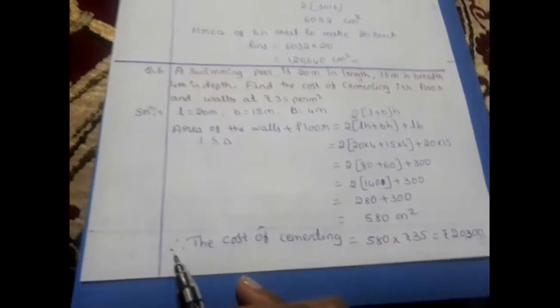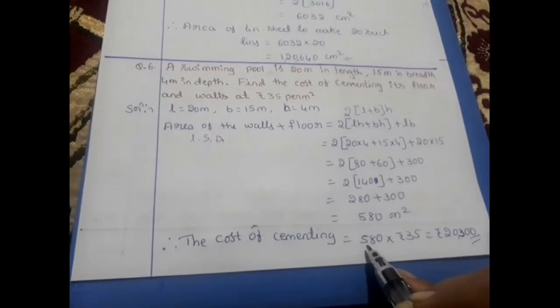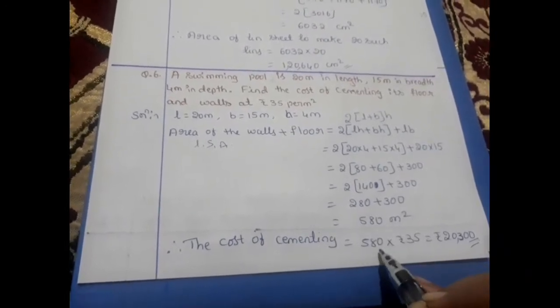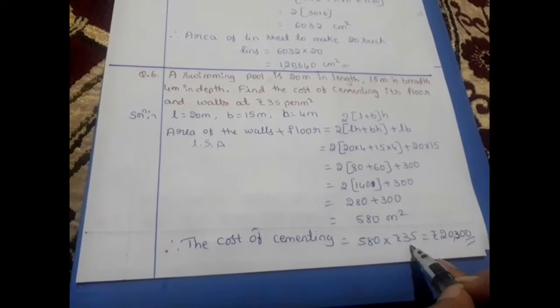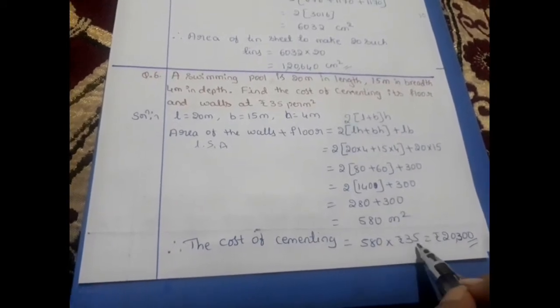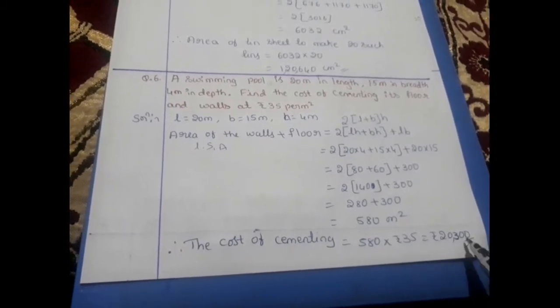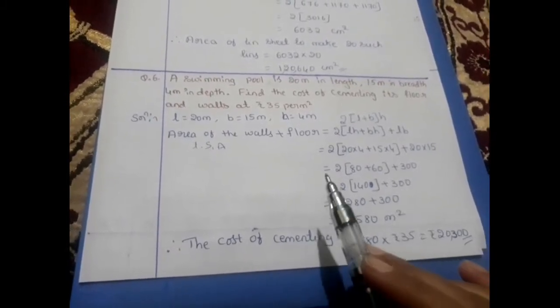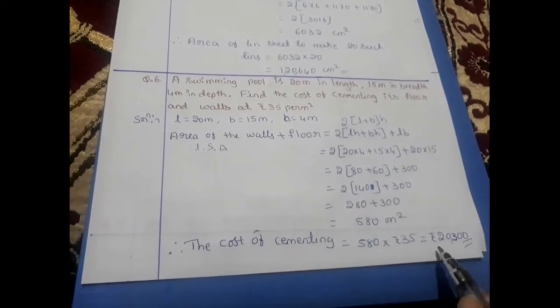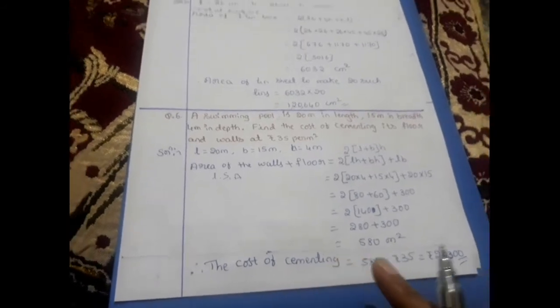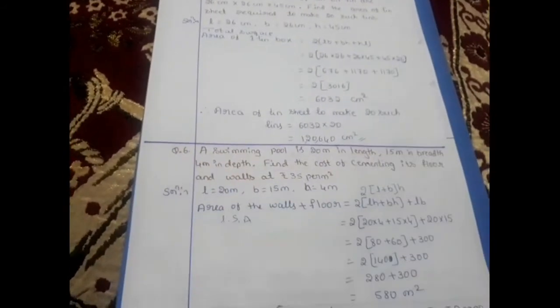Last conclusion, the cost of cementing is equal to total area to cement, that is 580 into 35 rupees, which will give the product 20,300 rupees. The total cost for cementing floor and walls is rupees 20,300. This completes worksheet 3, question number 6.